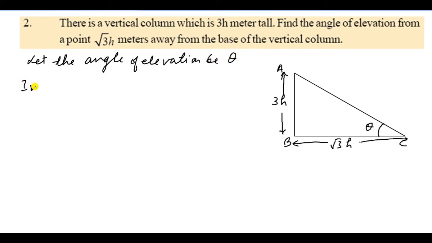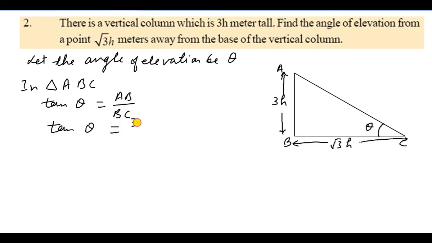Now in triangle ABC, taking tan, tan theta is perpendicular upon base. Perpendicular is AB and base is BC. Now put the value. Tan theta, AB is 3h and BC is root 3 of h. H will be cancelled out.